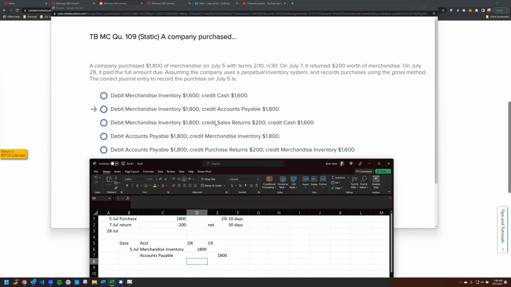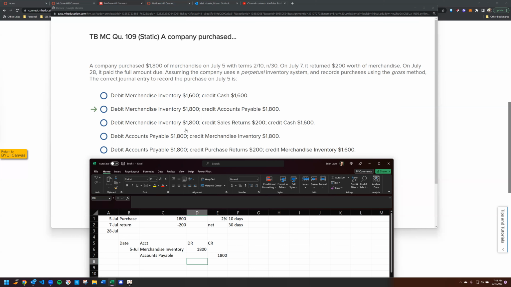Possibility, but remember, this is July 5th, not July 7th. Big trick here. That's why they give you all this information. I started working it out as if I needed to do something for the ending inventory or something like that. But no, this is to record the purchase on July 5th. Remember, I staggered there for a second.